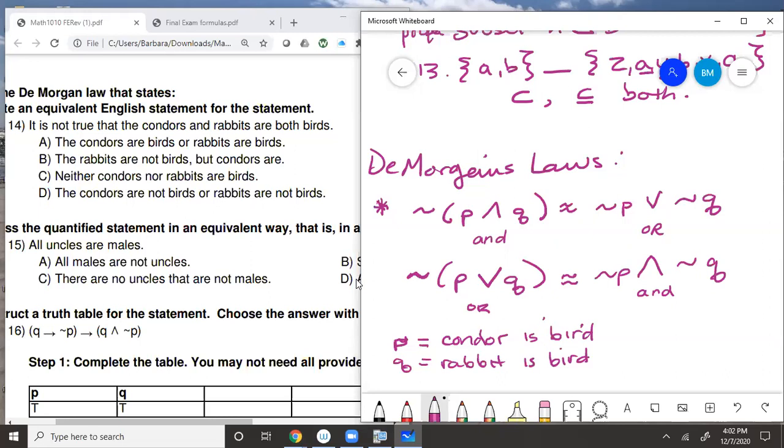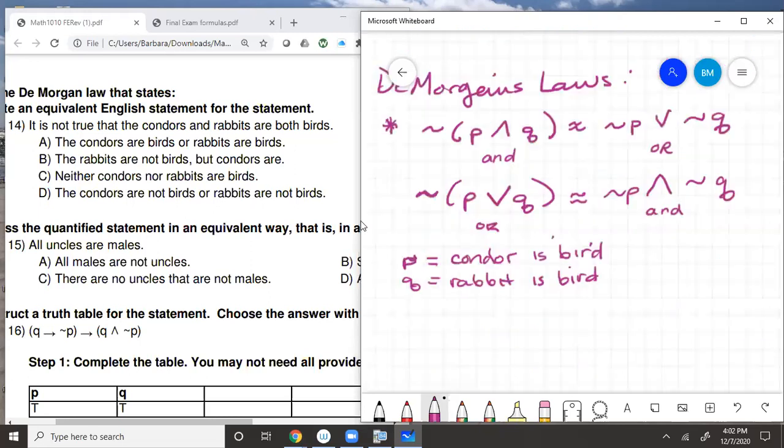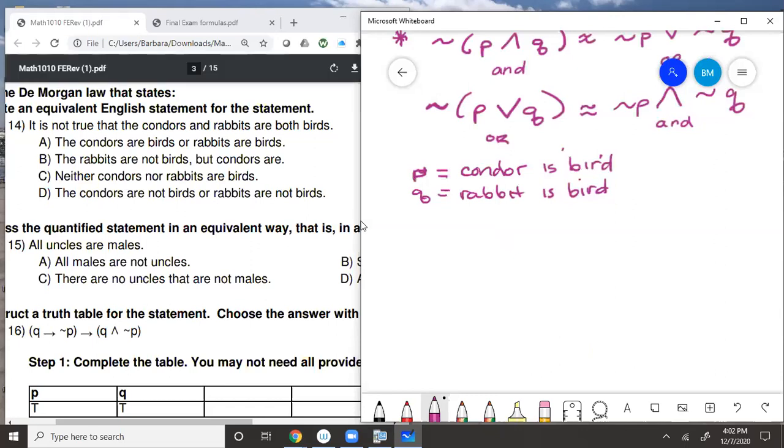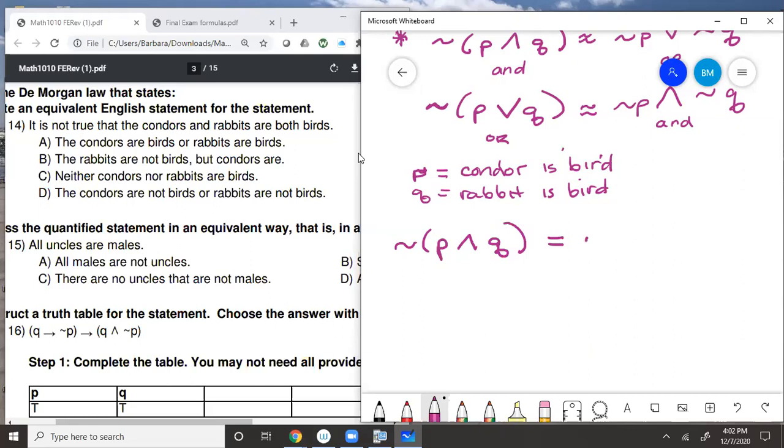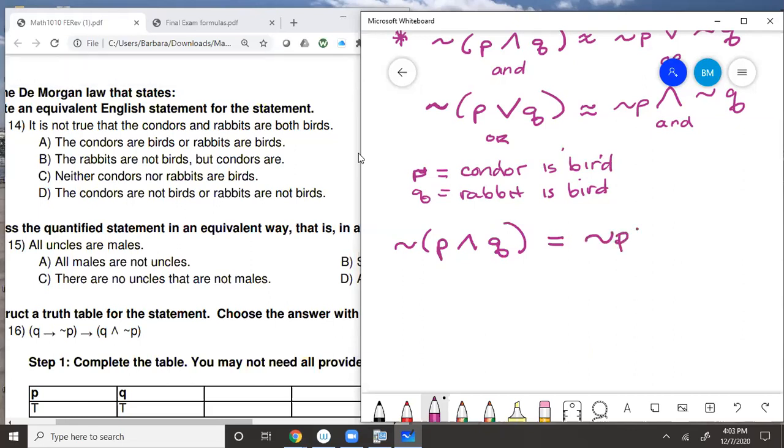Now we want to flip this. So let's take our formula, not (P and Q), and we want to say this as not P or not Q. Here we have P and Q. So how would I write this statement down the right side? The condor is not a bird, or the rabbit is not a bird. Yeah, great, Alexis, thank you.